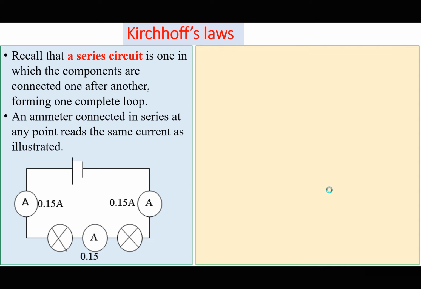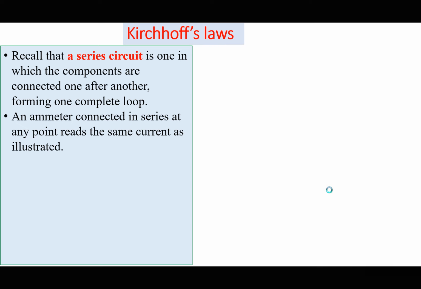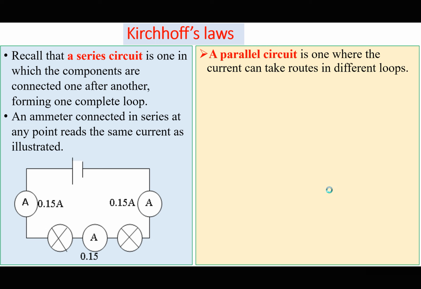However, for a parallel circuit, the current, as we mentioned earlier on, is expected to divide at a junction. So a parallel circuit is one where the current can take routes in different loops.